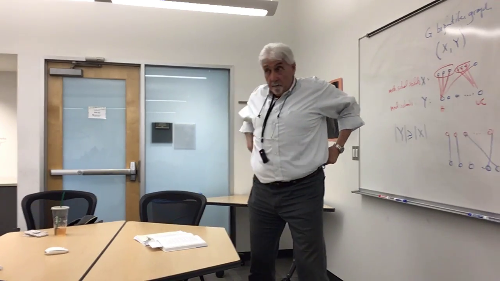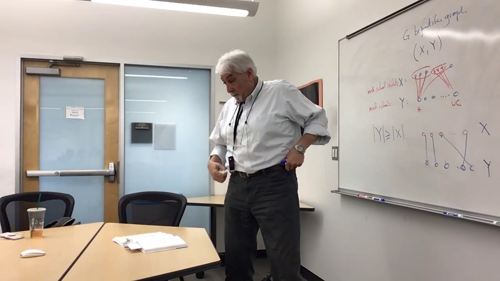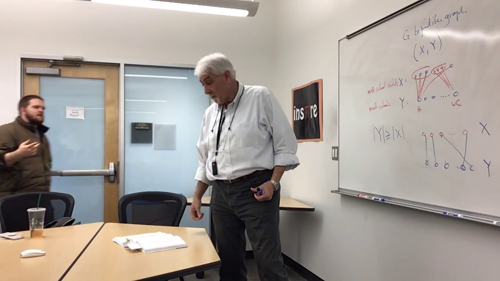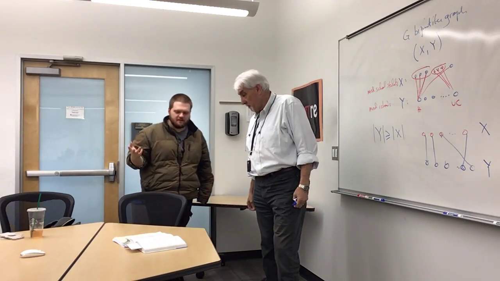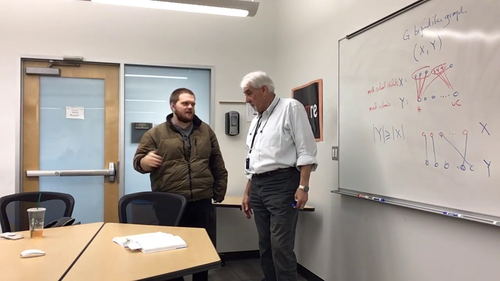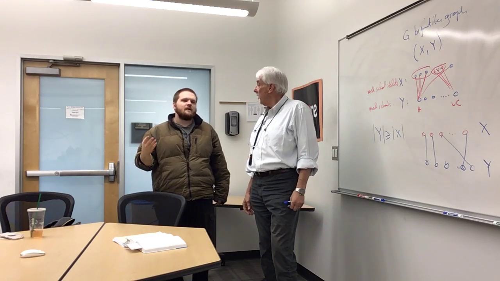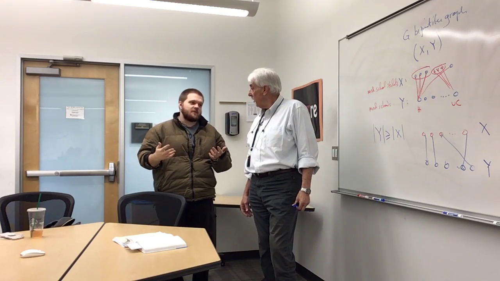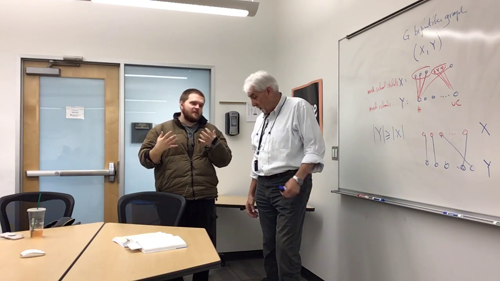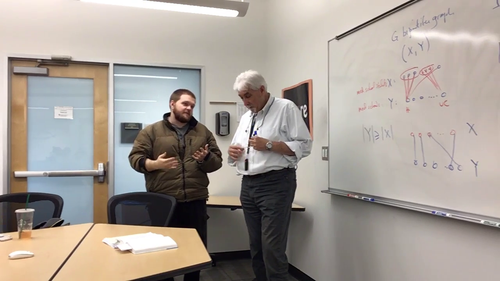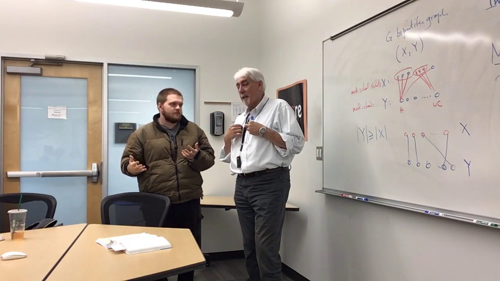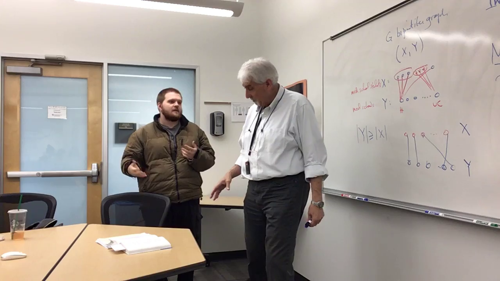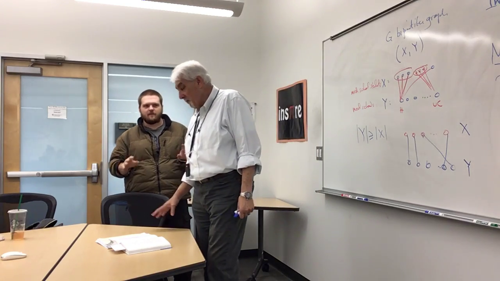Alright, what's number 13? Yeah, so this is 9. How do you go about a proof of not having a perfect matching?